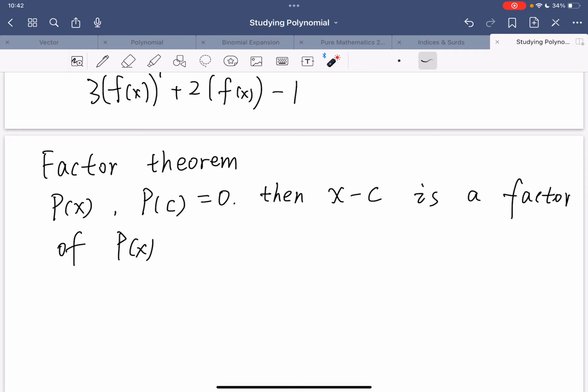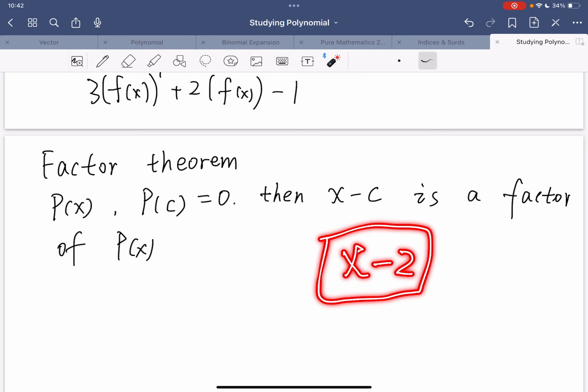Vice versa, if you do it reversely, for example, if the question asks you to prove whether x minus 2 is a factor of the given polynomial, you don't have to do the long division to prove it.